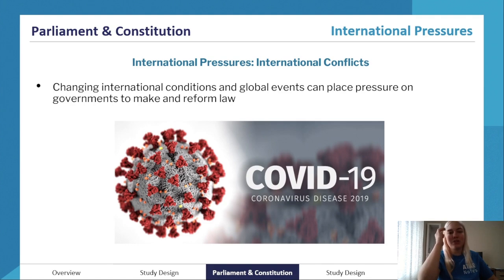And then lastly, international conflicts. We said changing international conditions and global events can place pressure on governments to make and reform law. COVID-19 is a great example, because so many different laws were constantly being made and changed to try to control COVID-19. This is an international pressure as well, because by limiting the spread and the effects within the country, we also make sure that the international impact of COVID-19 is not as severe.